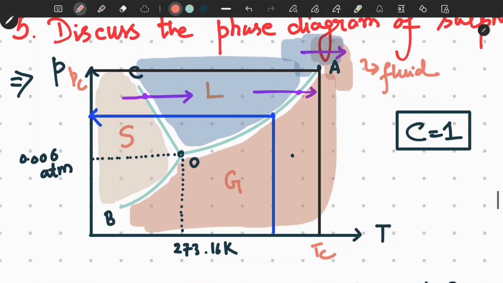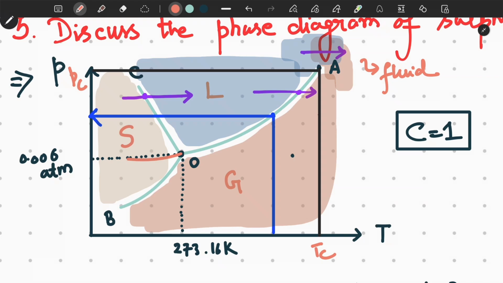I forgot to say, let's say if you extend this, so this is called our supercooled liquid. These are metastable phases, because you are just extrapolating this line.